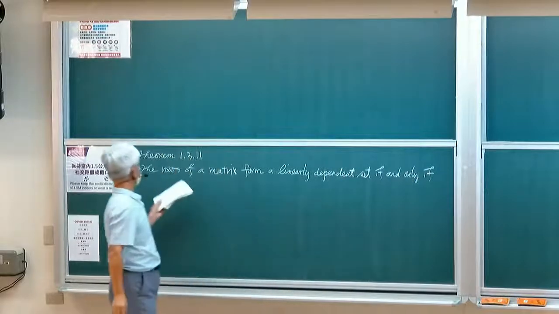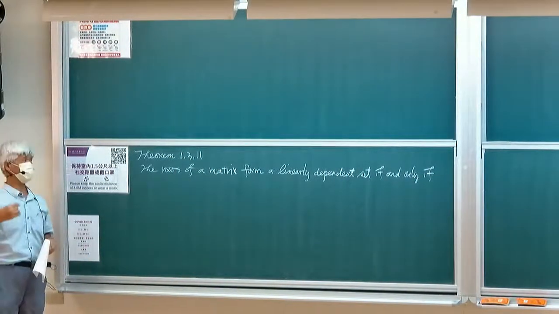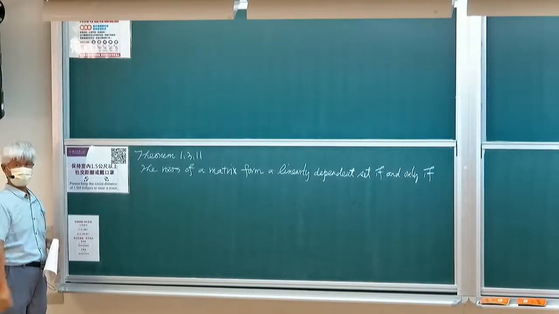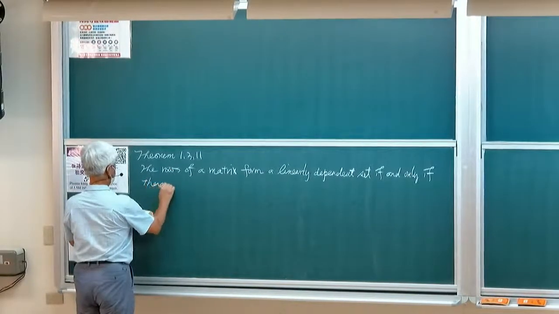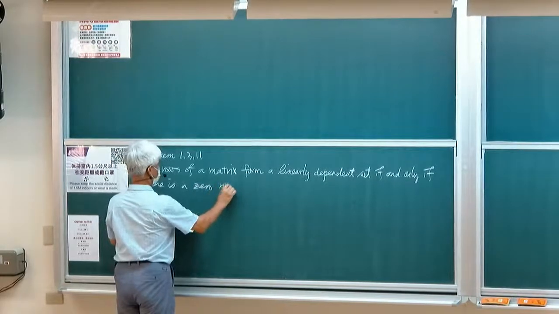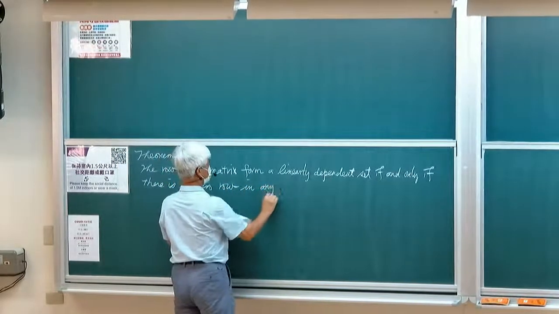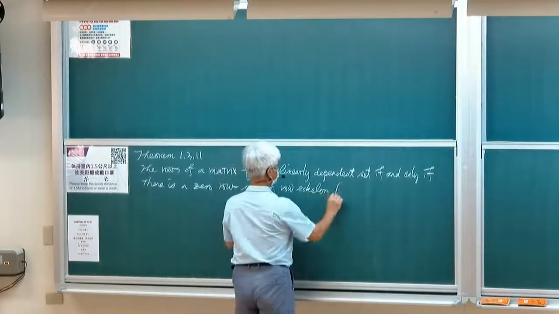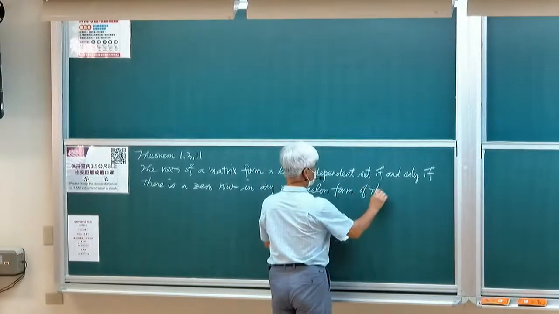It states that the rows of a matrix form a linearly dependent set if and only if there is a zero row in any row echelon form of that matrix.